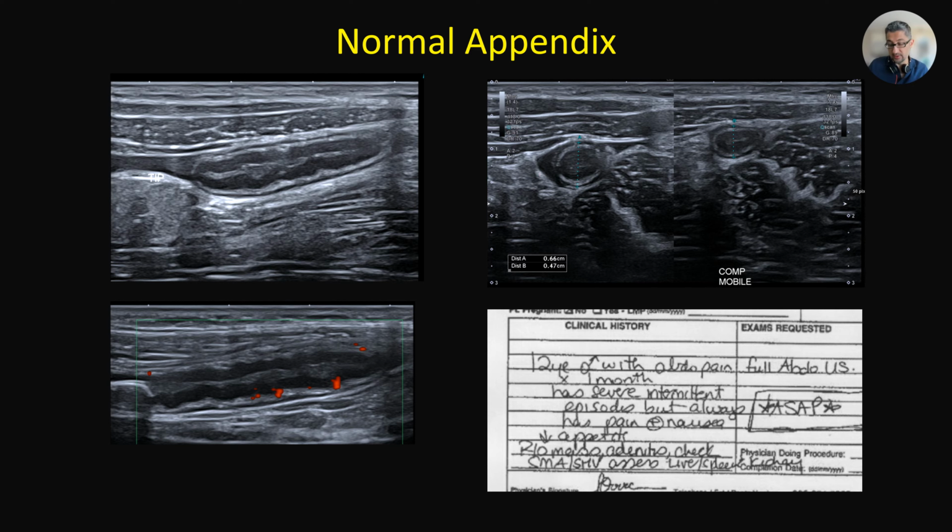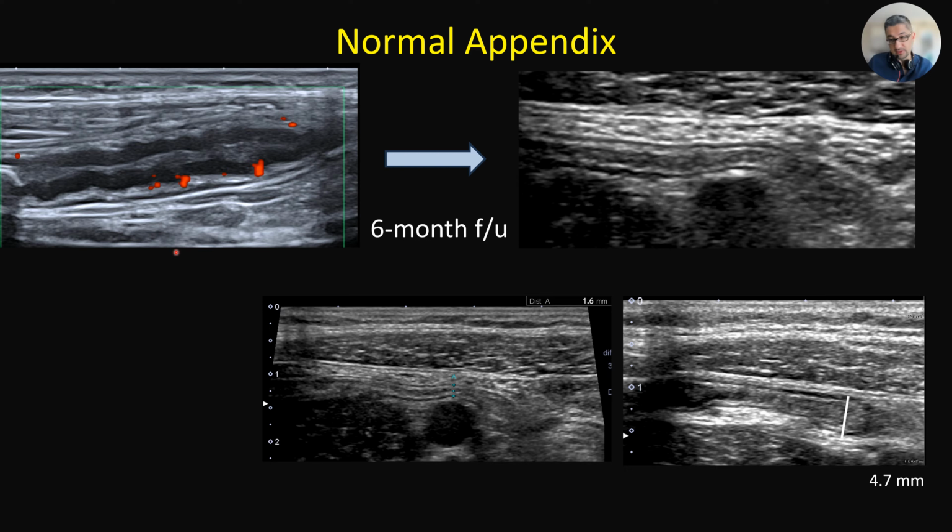So how do I know that? If this is lymphoid hyperplasia, it should be reversible. Yes, it was reversible. I know it because we did follow up this patient, and on the 6th month follow-up, the appendix appears more normal. Here the lumen is measuring 4.7 millimeter now.